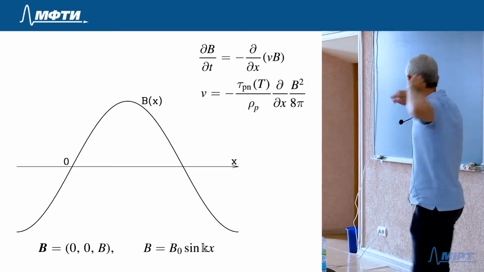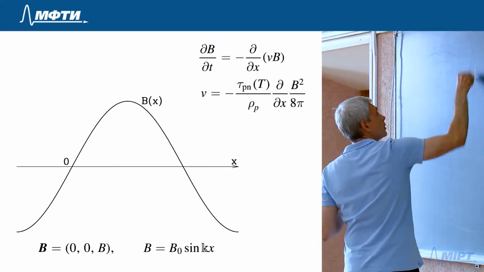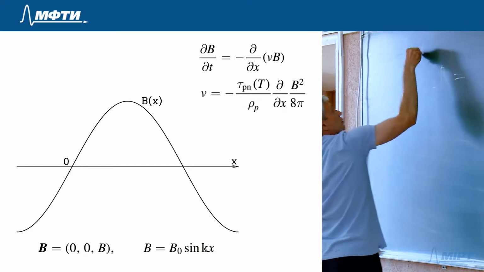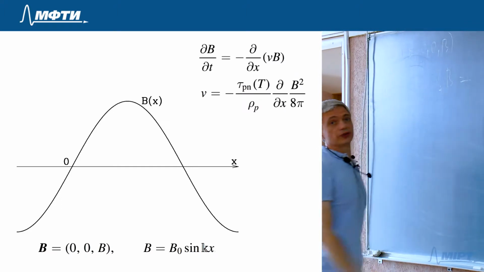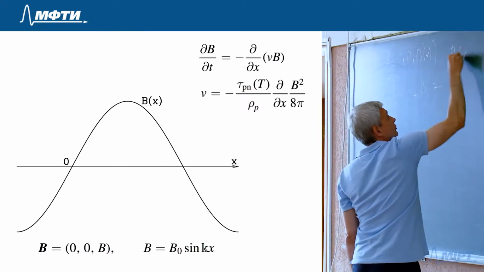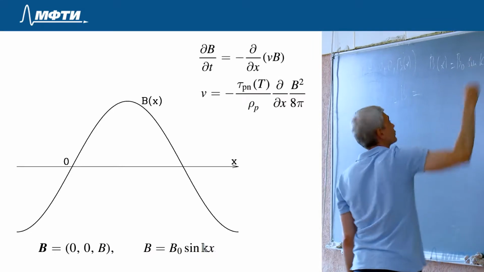And so the equations would be, one equation is, well, I'll write it to you, and you will tell me what the meaning is. So B would be (0, 0, B), B is in the z direction, and B will be a function of x, and B(x) is some B0 times sin(kx).